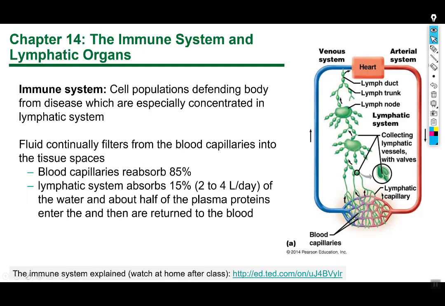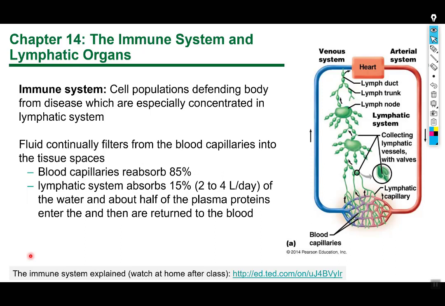So these are white blood cells of a variety of kinds. We've talked about some of them in the context of the circulatory system, but here we're going to get some more detail about those particular cells, what they do and where they live.